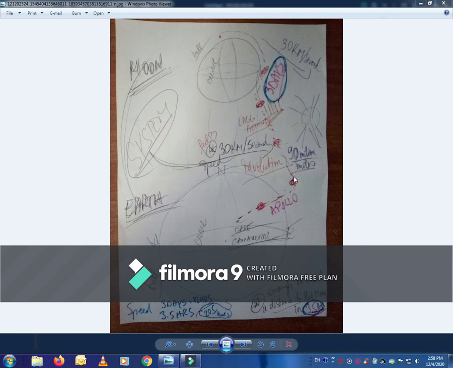So if you take the Apollo mission, they went to the moon. It took them like 3 days to reach the moon, while the moon and the Earth are both traveling at 30 kilometers per second. Each second, 30 kilometers.